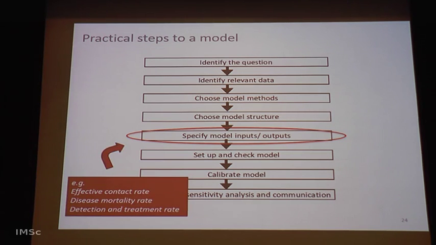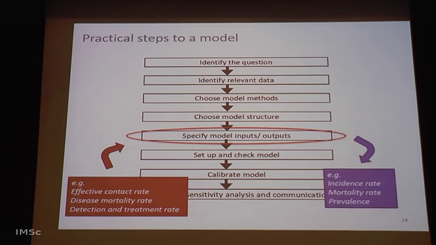So quite often your inputs are relatively easy or depend very little on your question. So things like the effective contact rate. We had some discussion the other day about the fact that you wouldn't just have a background mortality rate, you've got a higher mortality rate when you've got active disease, and you might have a different detection and/or treatment rate. But then your outputs are going to depend very strongly on what your relevant data are, and also what your question is.